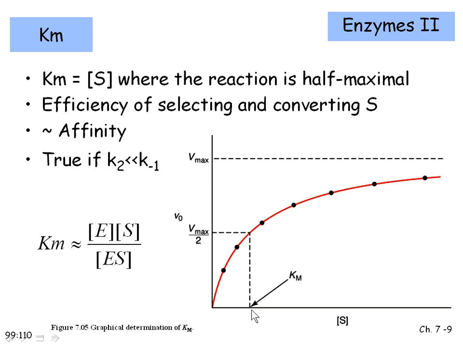Vmax and Km are completely independent of each other. There is no necessary logical connection between them. You can have a rapid Vmax and a low affinity. You can have a high affinity and a low Vmax, and any combination thereof.